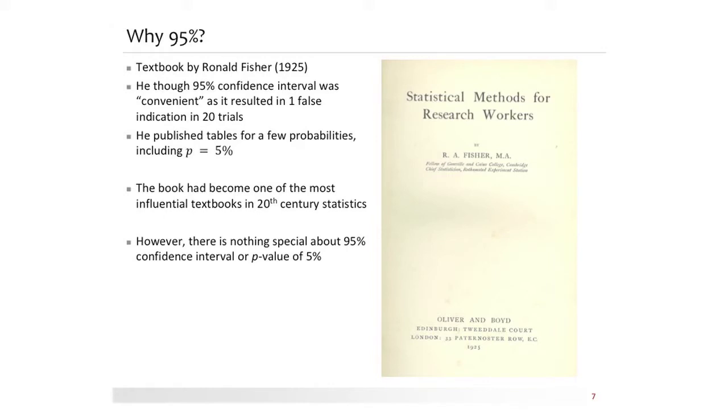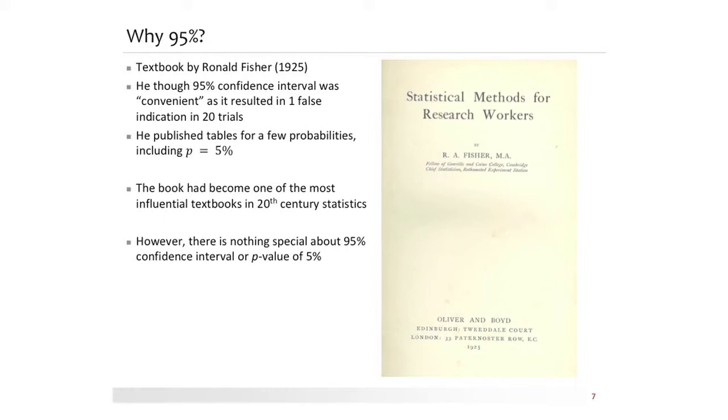And this particular book had become one of the most influential textbooks in statistics in the 20th century. Basically, everybody read it, everybody started from this point. Fisher was the founder of modern statistics. So basically it stayed like this, and it's customary now to use it. It's just tradition.